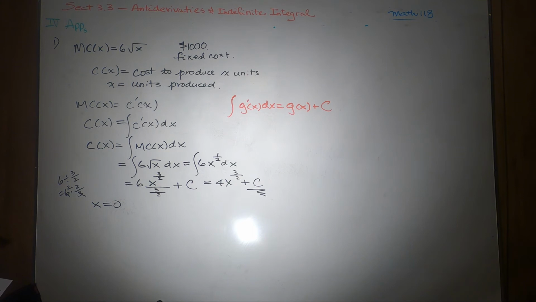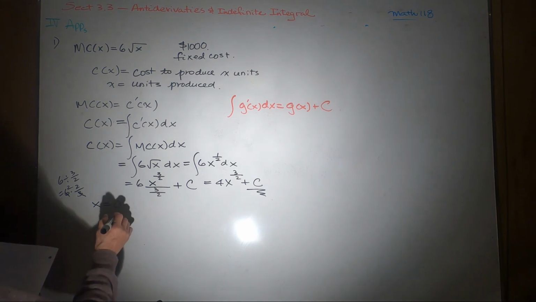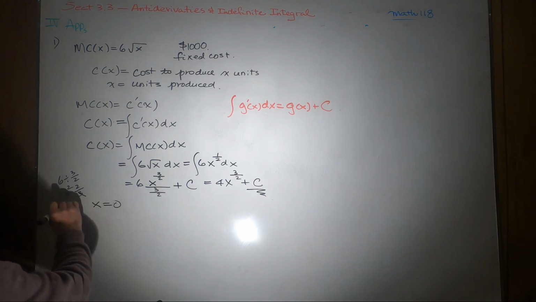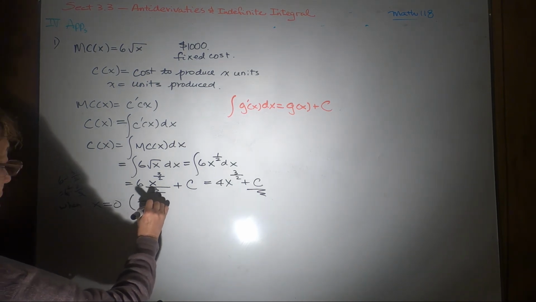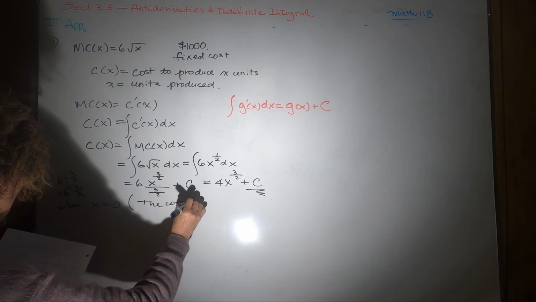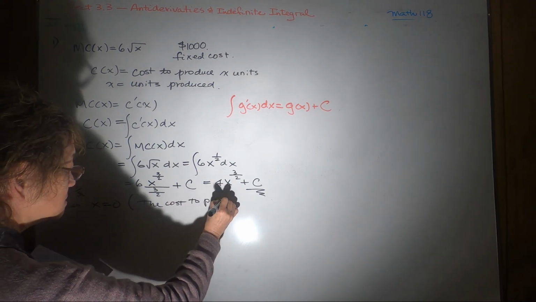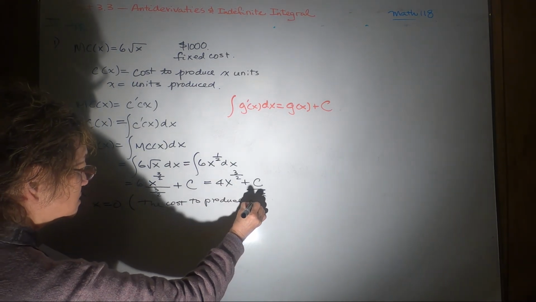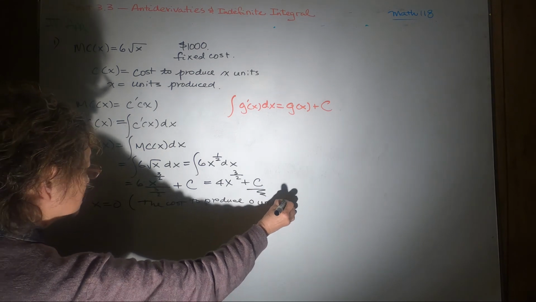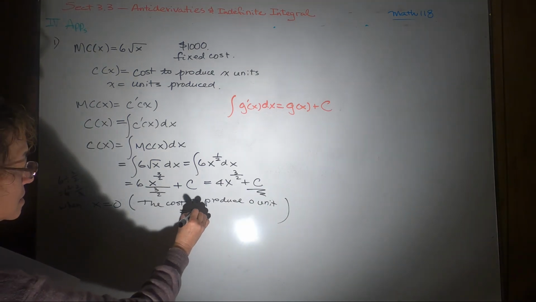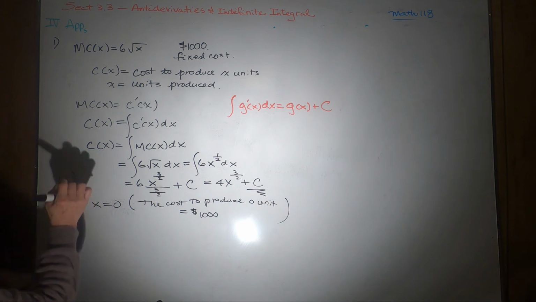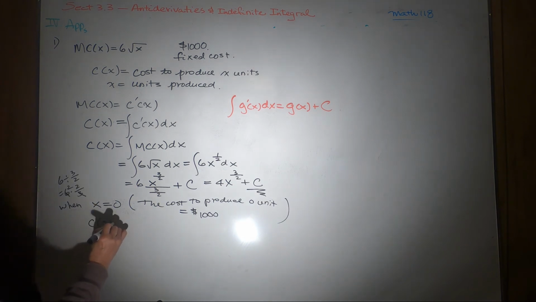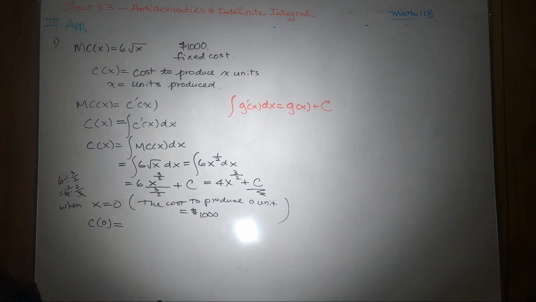Then when x is 0, the cost to produce 0 units, how much will it cost you? It still costs you $1,000, right? So if you plug in C of 0, should it be 1,000?